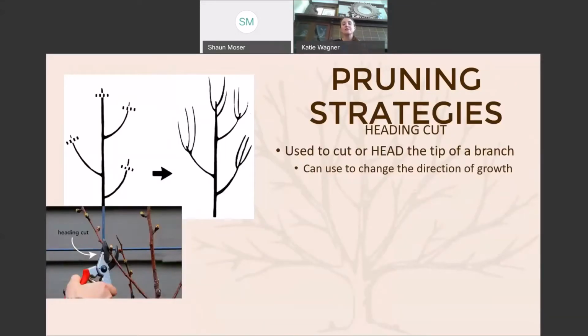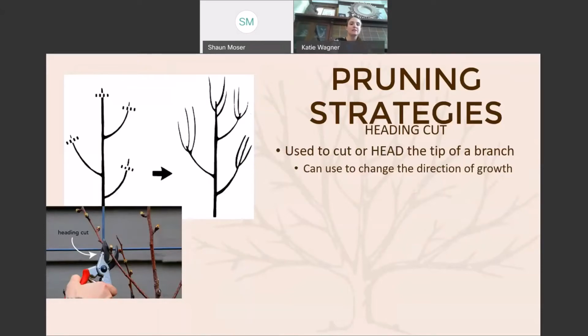Okay, we talked about this in the last class, some different strategies for pruning. And one is a heading cut. A heading cut is used to tip the end of a branch.